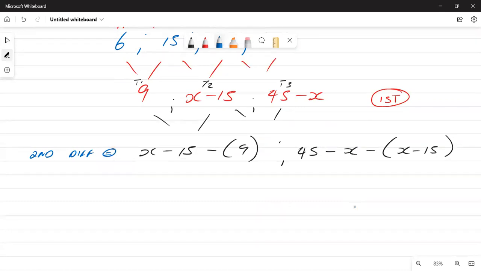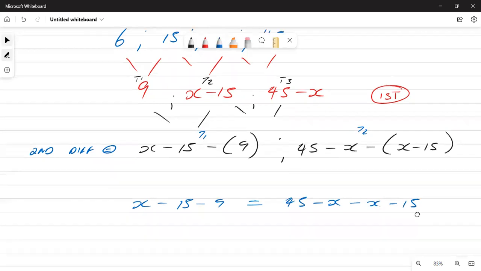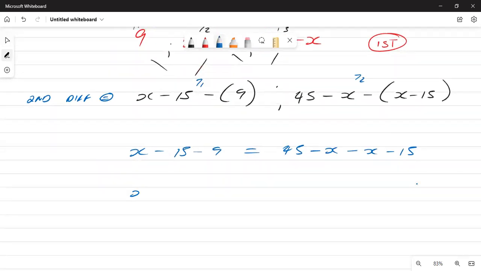So we go on and say that the two terms that we have, which is T1 and T2, have to be equal, which means x minus 15 minus 9 has to equate to 45 minus x minus 15. Which means this is going to be x minus 24 is equal to, oh, my apologies, I forgot to distribute.